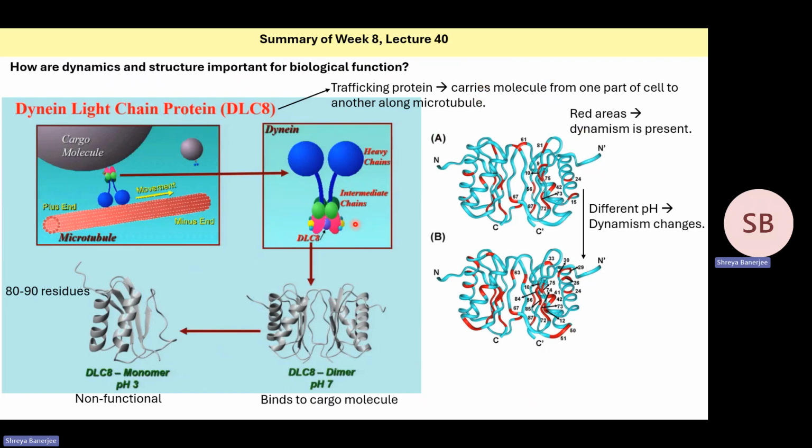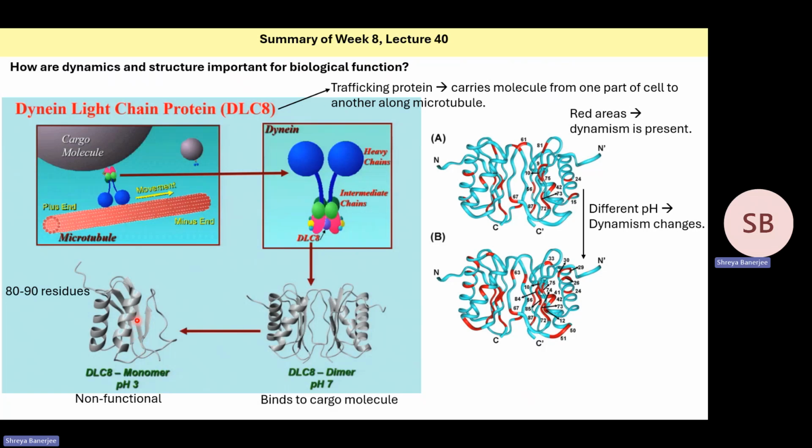Suppose you are maintaining pH 7, then the dynein molecule is in the dimeric form and it can carry the cargo. Now suppose you have carried the cargo from one place to another and you need to release it. Then you can lower the pH. At pH 3, the dimer will dissociate into the monomer, which is the non-functional form.